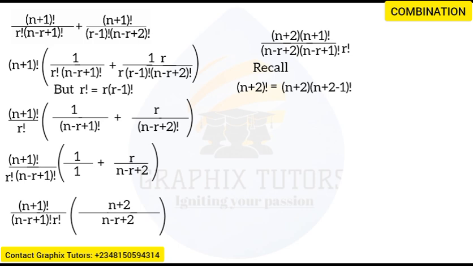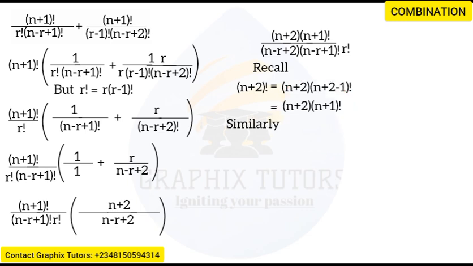The first one you subtract 0, the second one you subtract 1, the third one you subtract 1 twice, the fourth one you subtract 1 three times, just that way. Now if you look at this closely, I'll now be left with n plus 2 multiplied by n plus 1 factorial, because 2 minus 1 is what? 1. So anytime you see n plus 2 factorial, essentially you are saying n plus 2 times n plus 1 factorial.